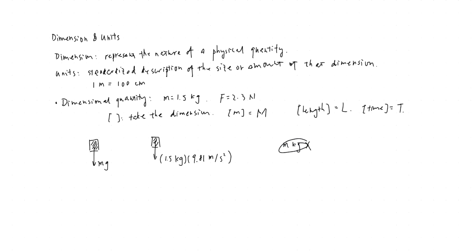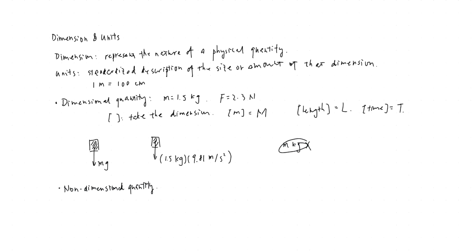Now the second category of quantities are called non-dimensional quantities. A non-dimensional quantity just means it's a physical quantity, but it doesn't carry any dimension.